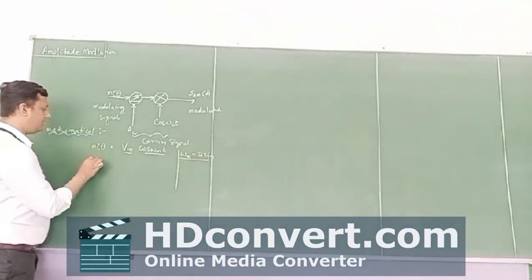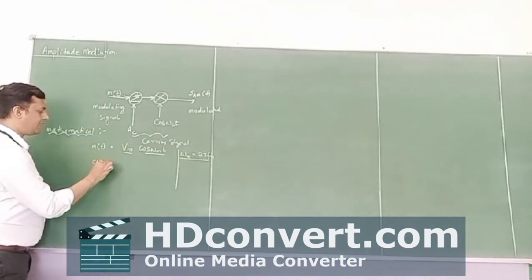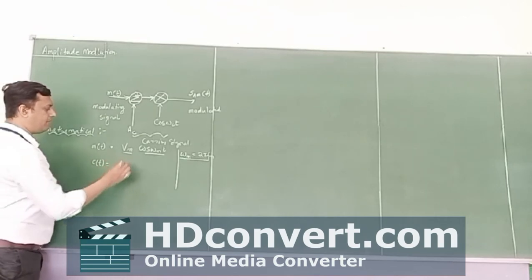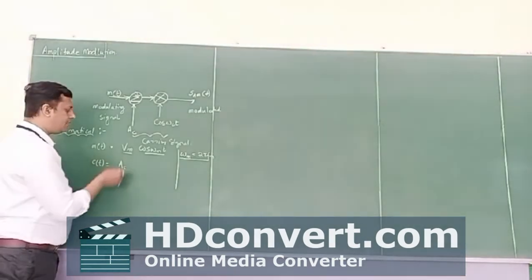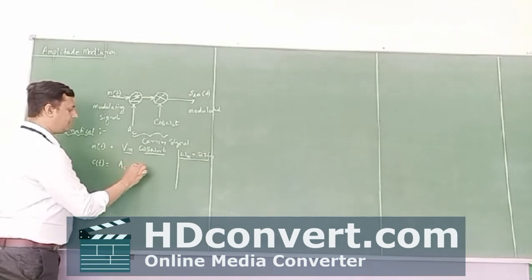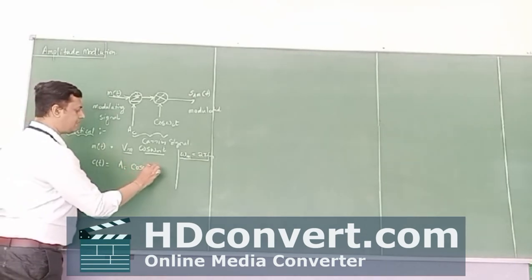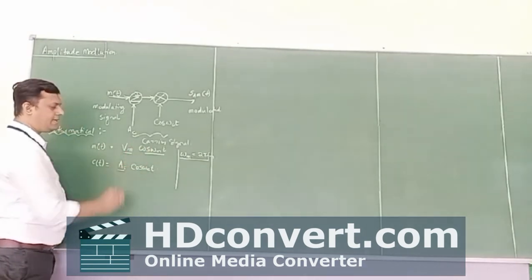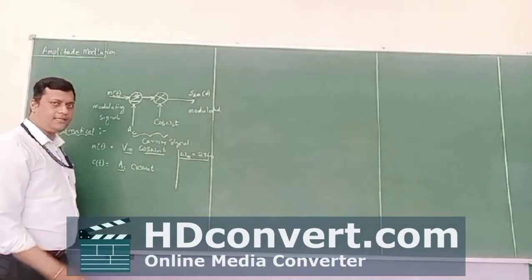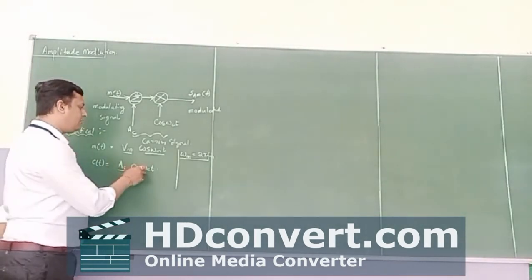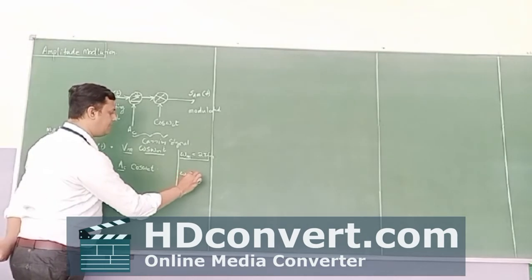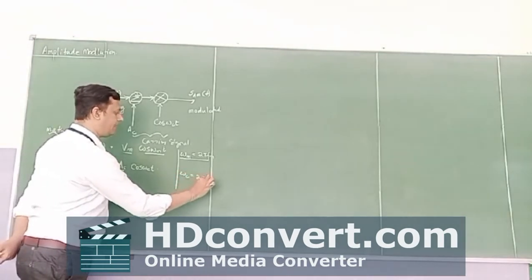Then similarly, what is our carrier component? Let us consider AC cos omega ct, where AC is the amplitude present in the carrier whose angular frequency is omega c, that is equal to 2 pi ft.